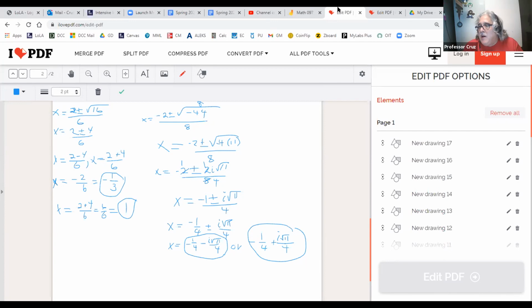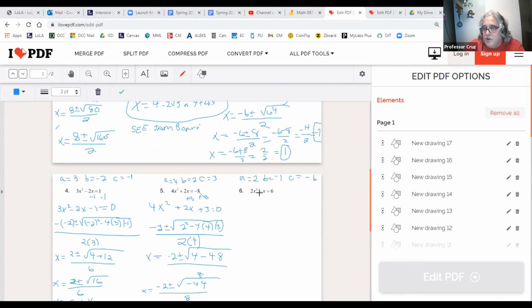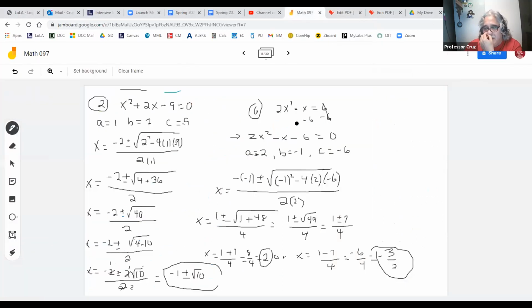All right, the last problem. So this one right here, 2x squared minus x is equal to 6.